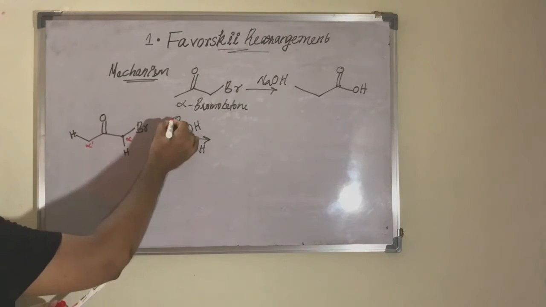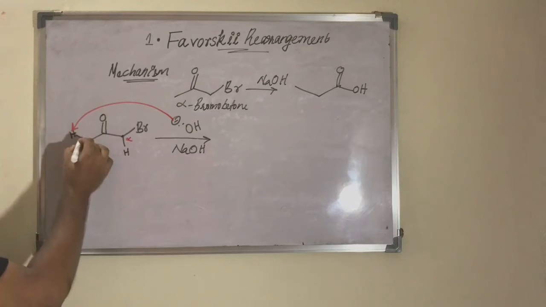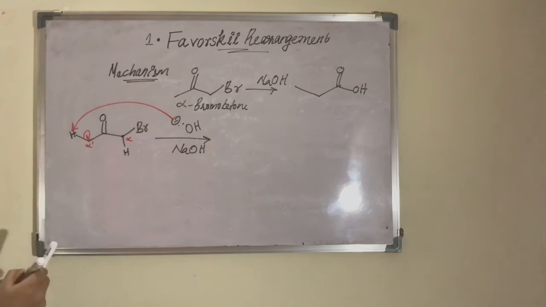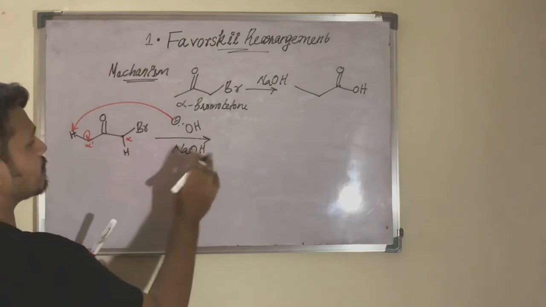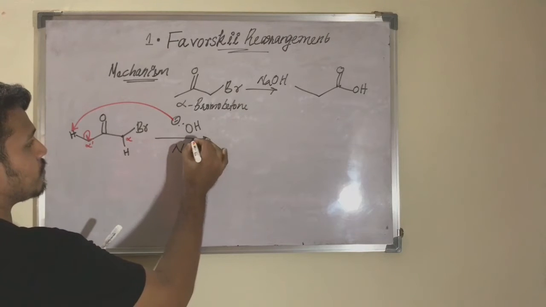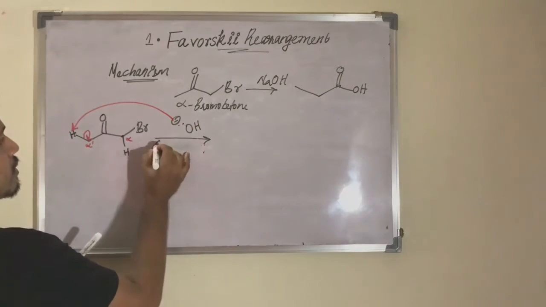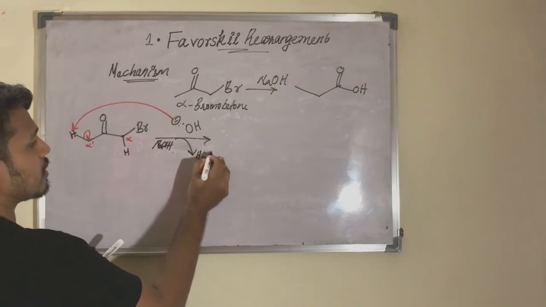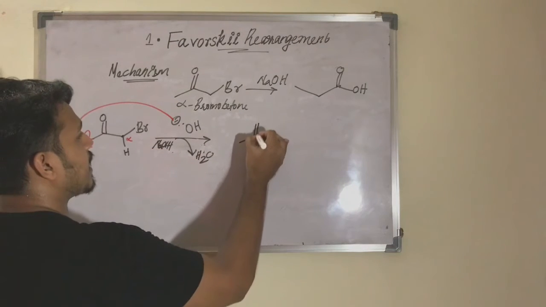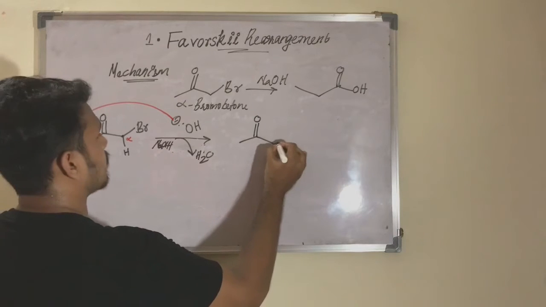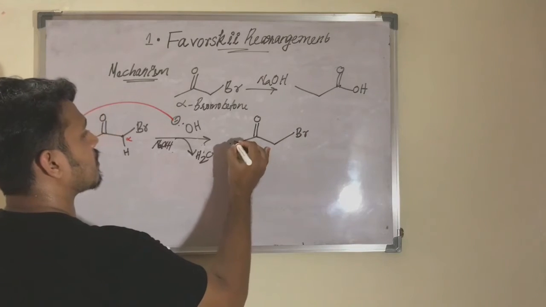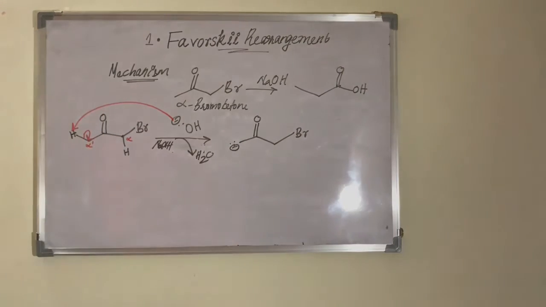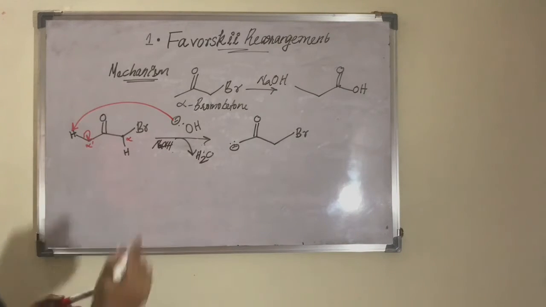That is the hydrogen opposite to the leaving group or halogen. So what will happen? Attack, shift. You will end up with a product or intermediate like this, a carbanion intermediate, along with the elimination of a water molecule.